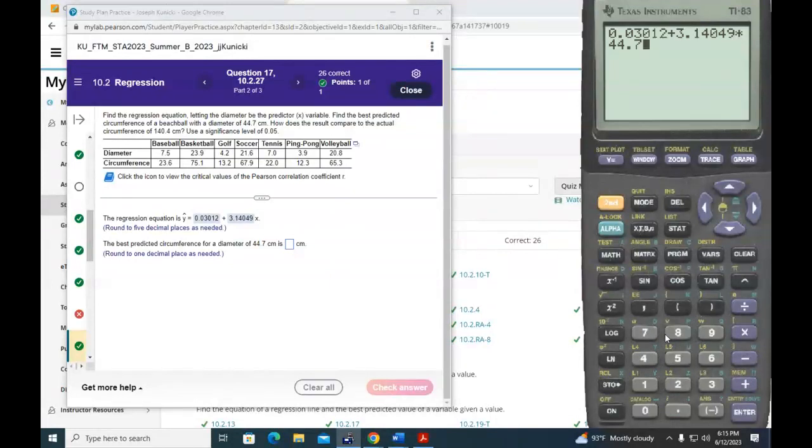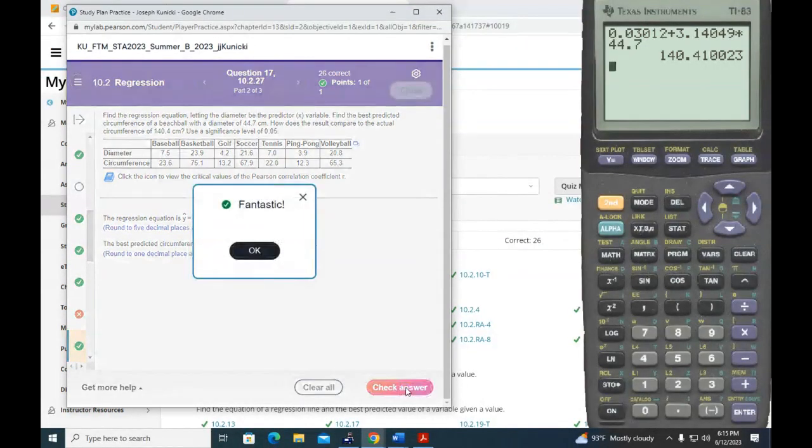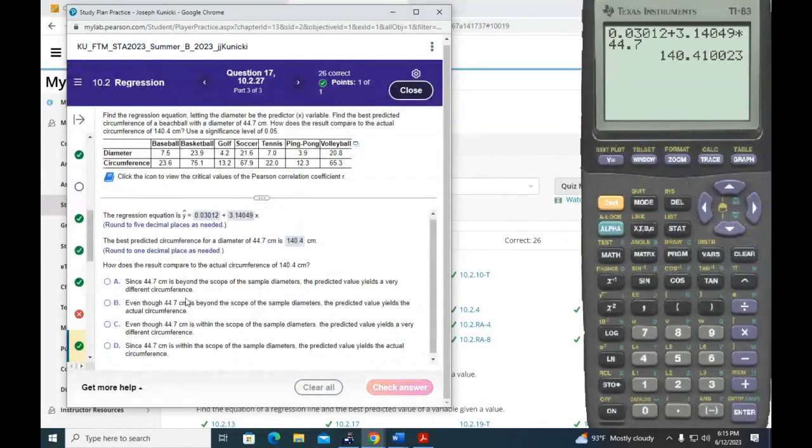We're way outside the range of our actual data. We don't expect it to be very good, but to one decimal place, it's spot on. They say the actual is 140.4. So even though 44.7 is beyond the scope of the sample diameters, the predicted value yields the actual circumference.